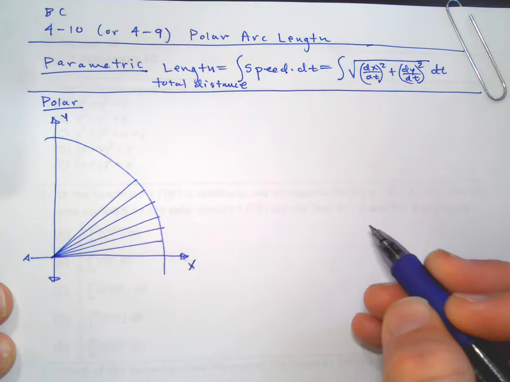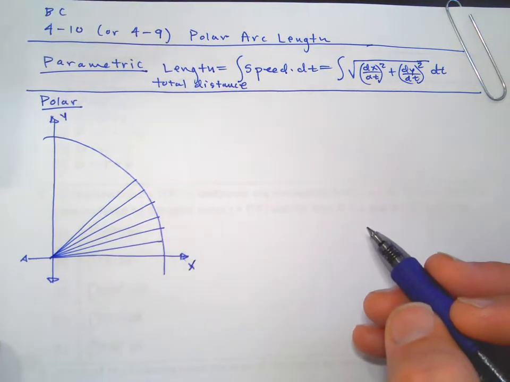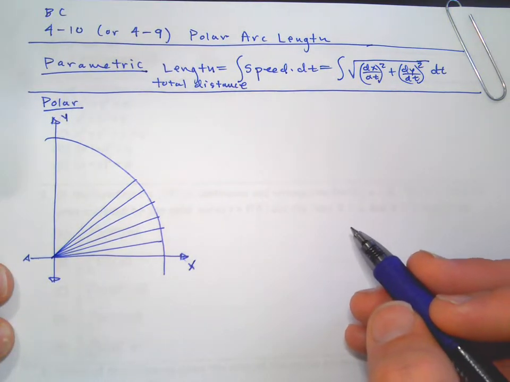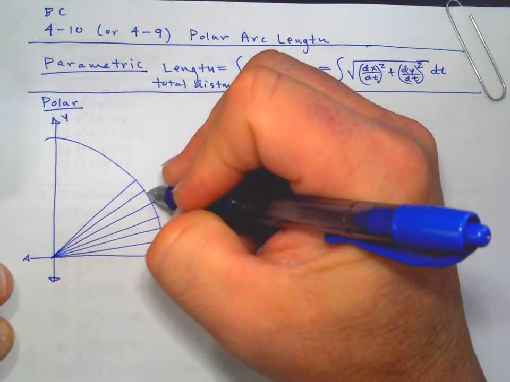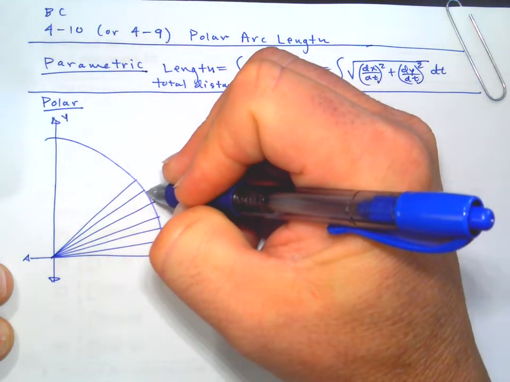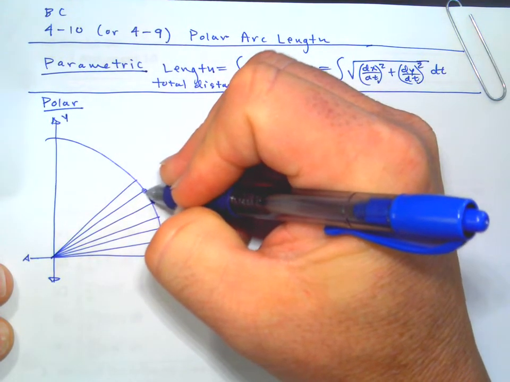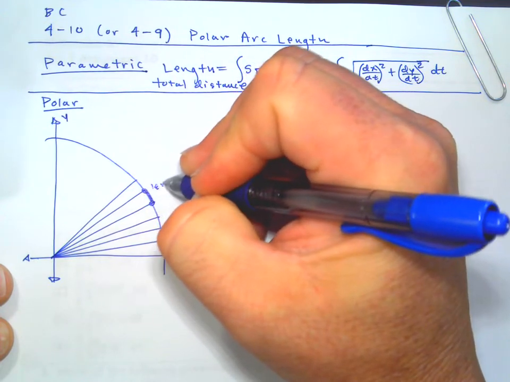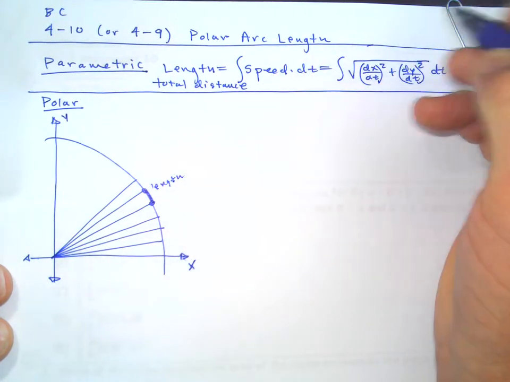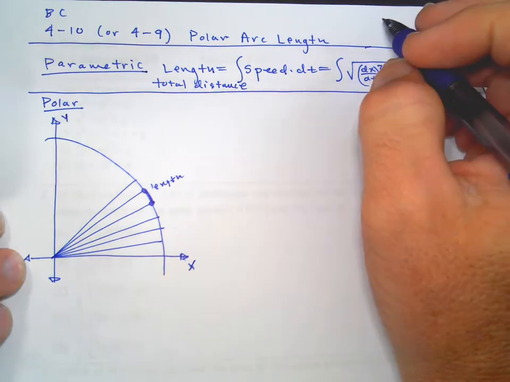And that's how we developed our idea of how to find the area, with these slices. Now, what we could do is say, what's the length of one of these slices? And then we could integrate and accumulate all of them together.